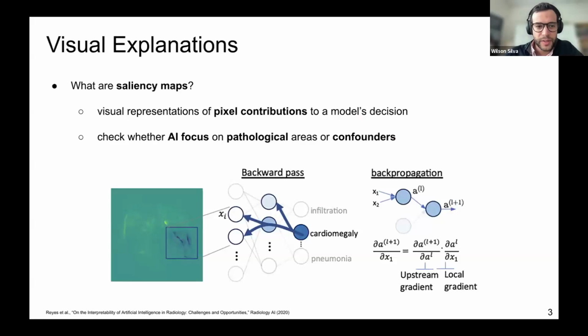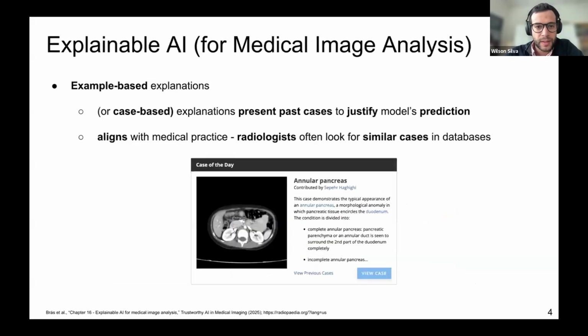For saliency maps, this consists of highlighting pixels in the image that contribute to the model decision. This could be pixels that are actually related to pathology, or it could be shortcuts, as Mauricio previously showed. But we have other types, and one type that is extremely interesting, especially in the case of radiology, is example-based or case-based explanations.